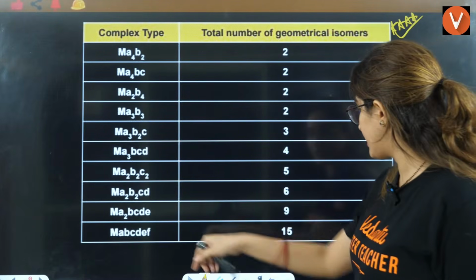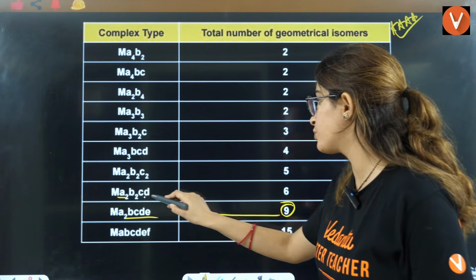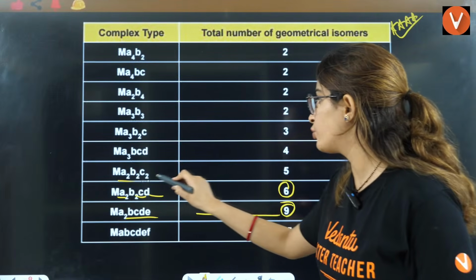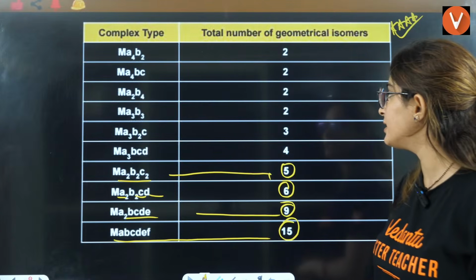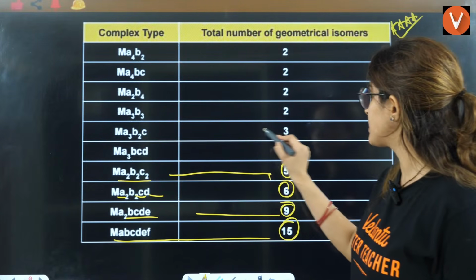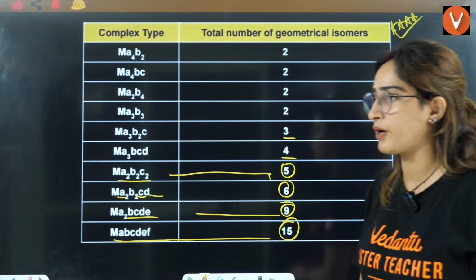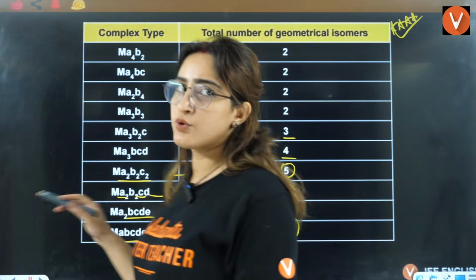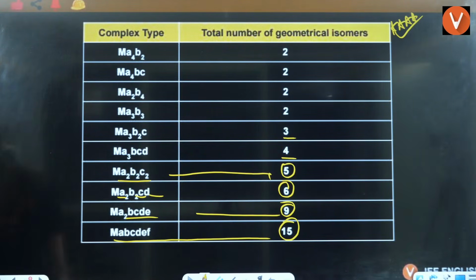This is everything, like you have A2, B, C, D, E is 9, A2, B2, C, D is 6, A2, B2, C2 is 5, A, B, C, D, E, F is 15, A3, B2, C is 3, A3, B, C, D is 4. This is very, very important. Others don't have any geometrical isomerism. Take a screenshot, very, very important.